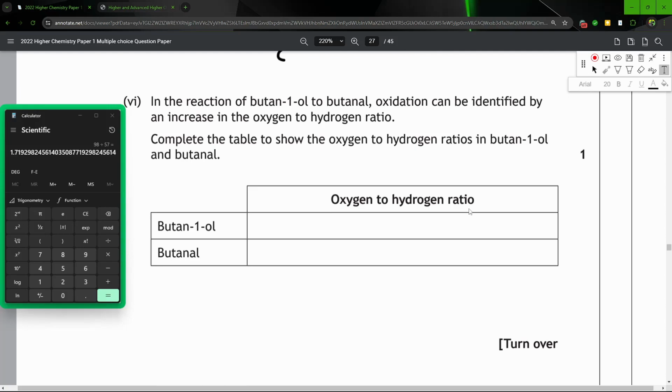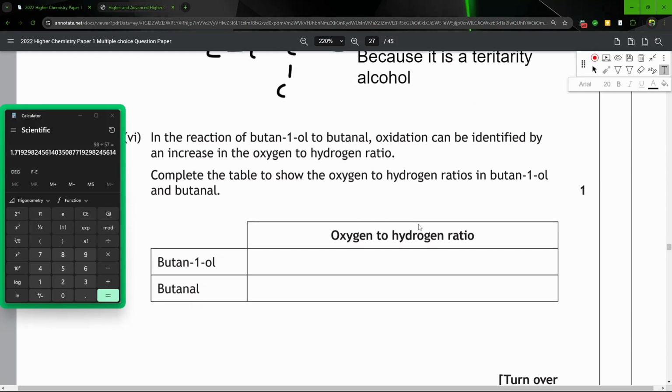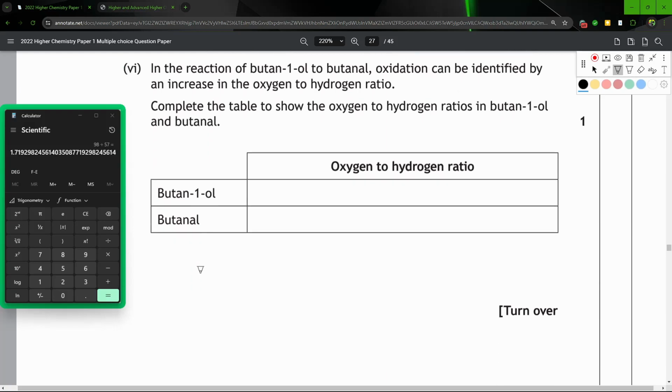In the reaction of butan-1-ol to butanal, oxidation can be identified by an increase in the oxygen to hydrogen ratio. Complete the table to show the oxygen to hydrogen ratios in butan-1-ol and butanal. Okay, so we'll just go straight into it.